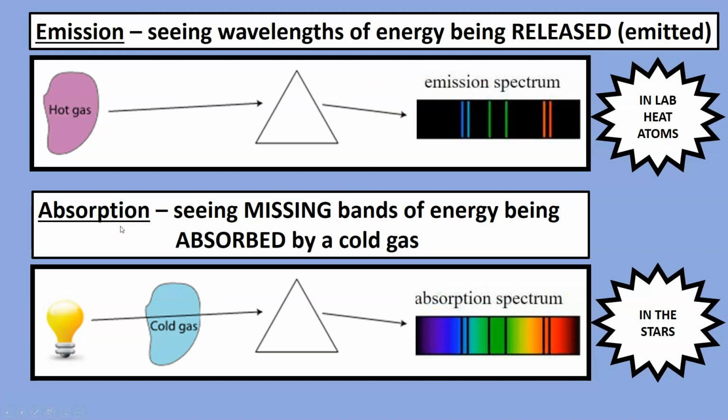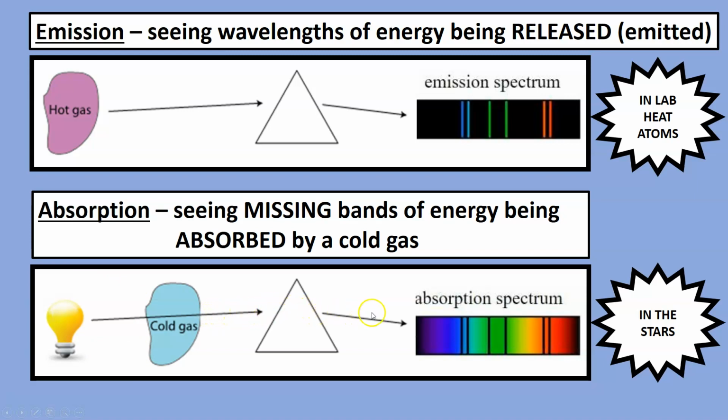Absorption is a little bit different, because here's the star burning inside, and there's cold gas between the star and us. The outside of the star has this cold gas with all these elements in it, and that will absorb energy on its way out towards us.